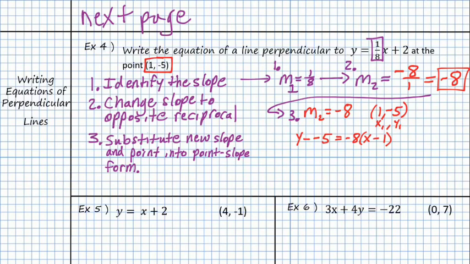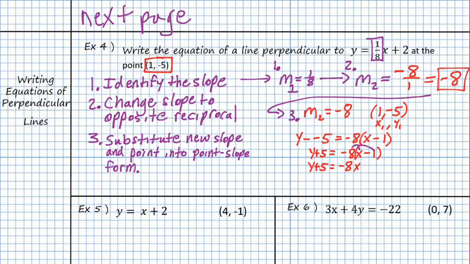Okay, so we have that double negative happening here, so I have y plus 5 is equal to negative 8, x minus 1. I'll distribute the negative 8, so I have y plus 5 is equal to negative 8x, and then negative multiplied by a negative will cause it to be a positive.